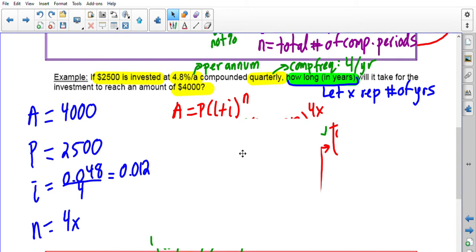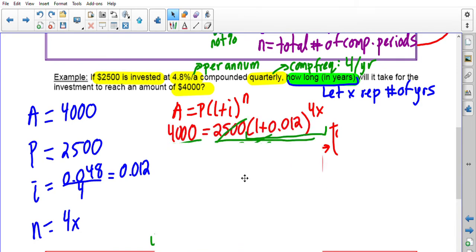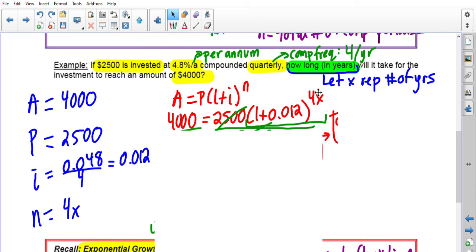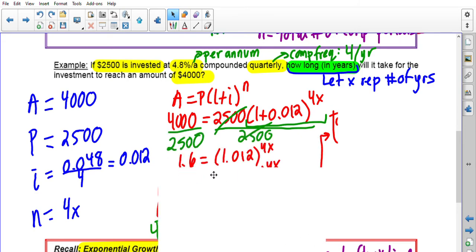Let's plug in everything that we know. We get 4,000 equals 2,500 times (1 plus 0.012) all to the 4x. Again, we want to isolate the 4x. Right now the 4x is a package deal with this base. So the first thing we want to do is divide out 2,500 from both sides, and 4,000 divided by 2,500 is 1.6, so 1.6 equals 1.012 to the 4x.